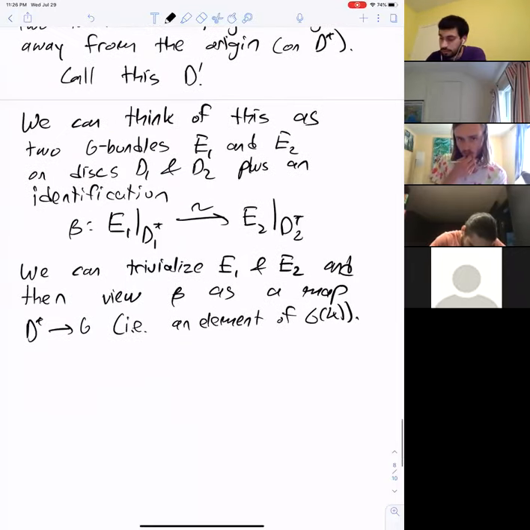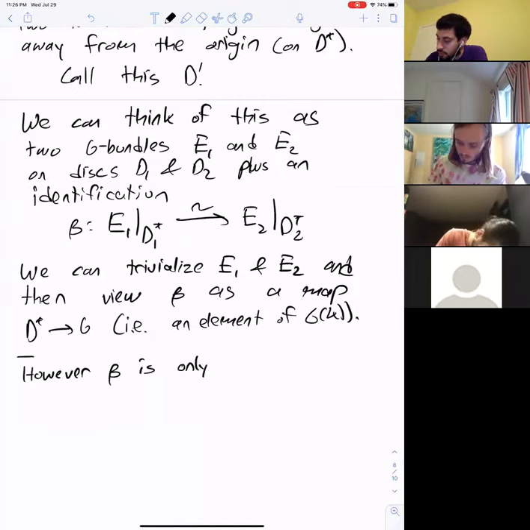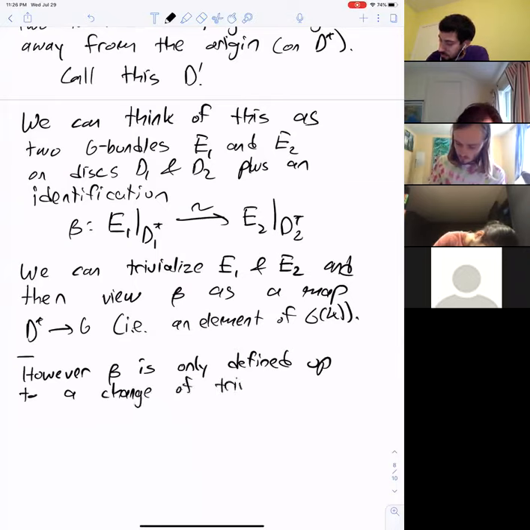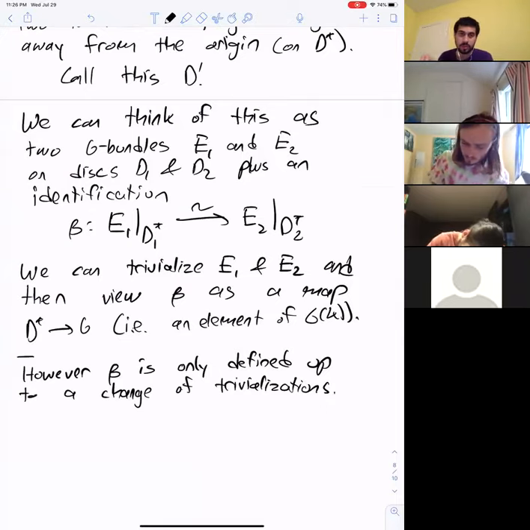However, beta is only defined up to a change of trivialization. So we needed these trivializations to think of beta as a concrete element of GK, but beta does not depend on the trivialization itself.